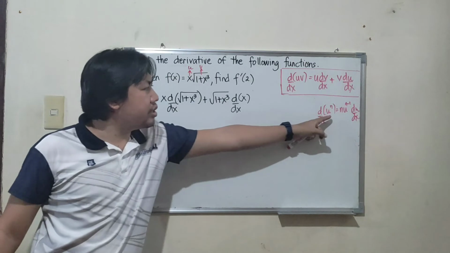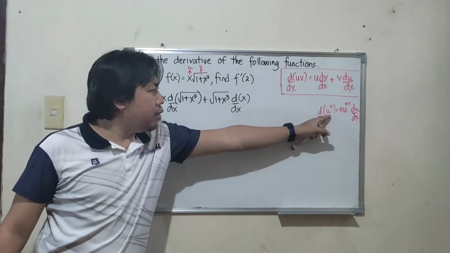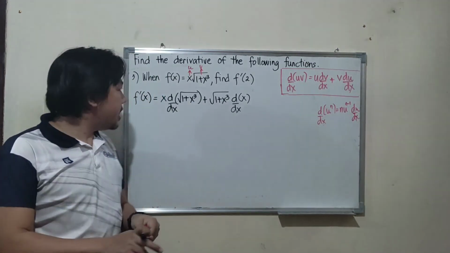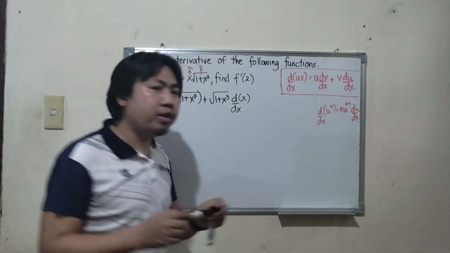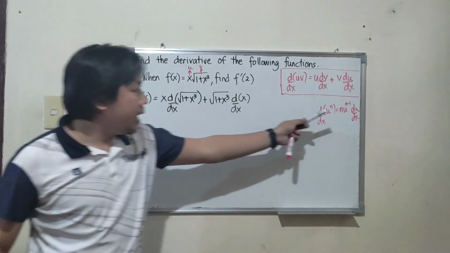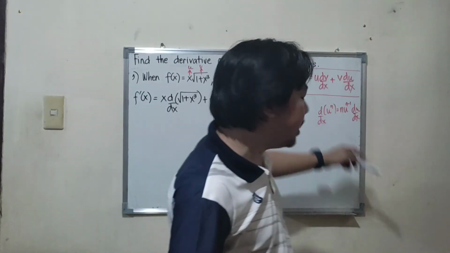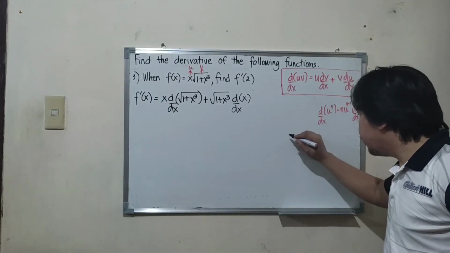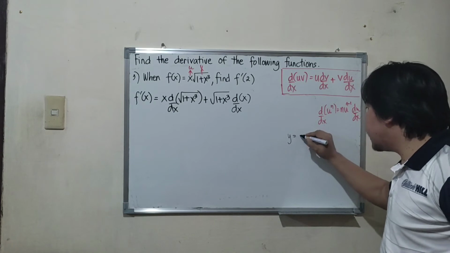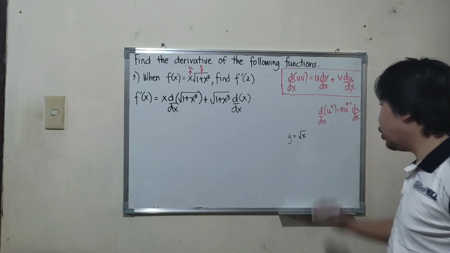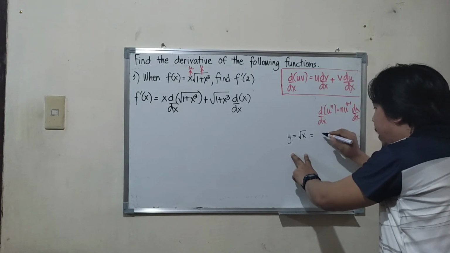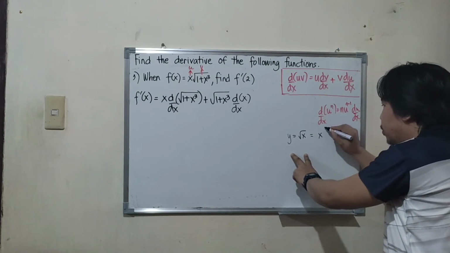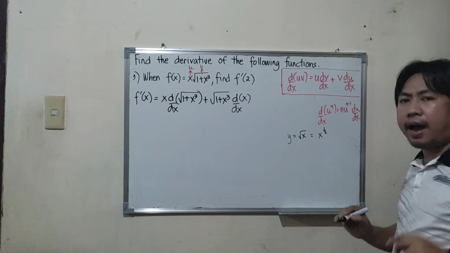So nanggaling din yun sa formula na ito, u to the n. Since square root of x, pwede natin yung isulat as, okay, so pakita muna natin kung paano yung formula na-derive dito. Okay, so if we have y equals square root of x, so we can express this as y equals x raised to 1 half.